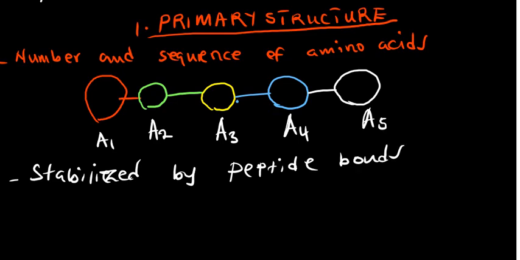So these are peptide bonds 1, 2, 3, 4. These are the peptide bonds that we're talking about, whereby this amino acid will make a peptide bond using the carboxyl group, then the next one will use the amino group, just like that. Carboxyl group, amino group, carboxyl group, amino group. So that's the primary structure of proteins.